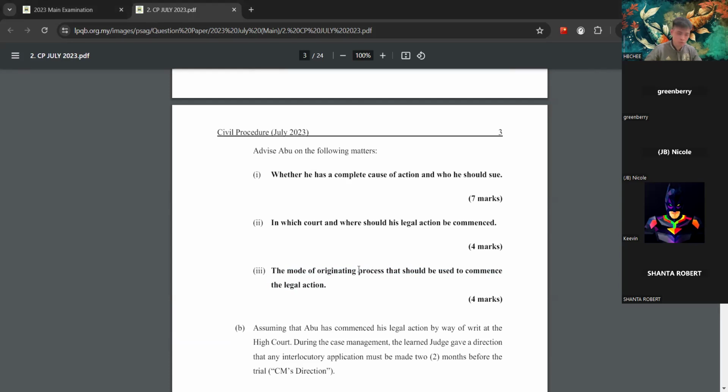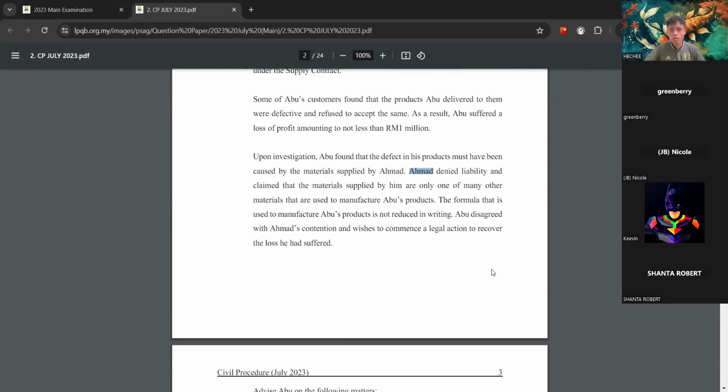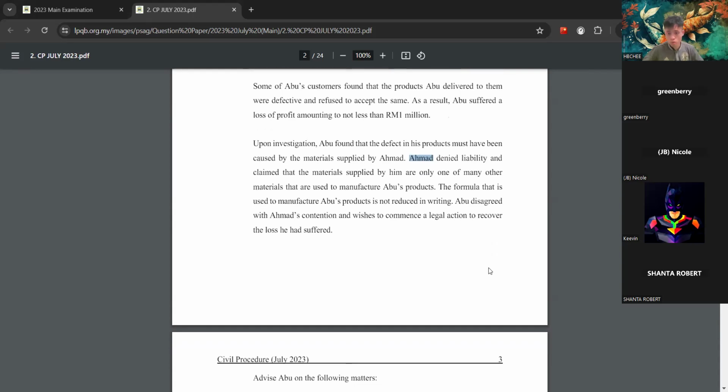If you look at Order 5 Rule 2, it says that there must be a substantial dispute as to facts. Now we're looking here, they are disputing whether or not the materials supplied by Ahmad are defective, so that it fulfils the requirement according to Order 5 Rule 2.